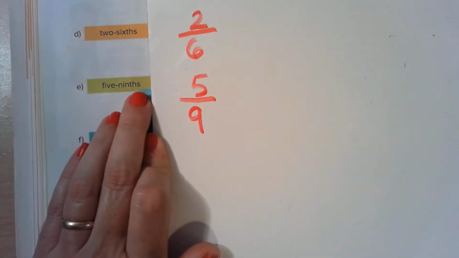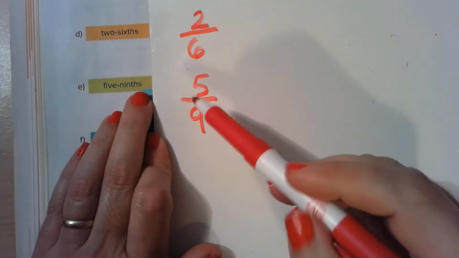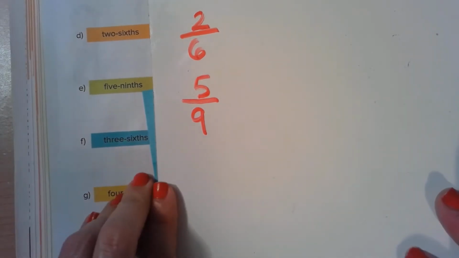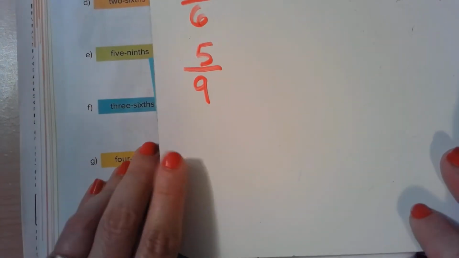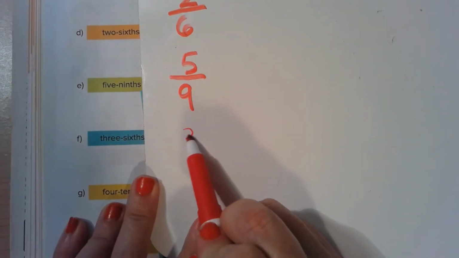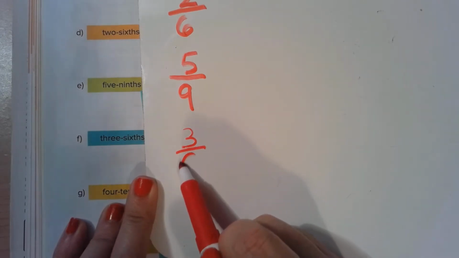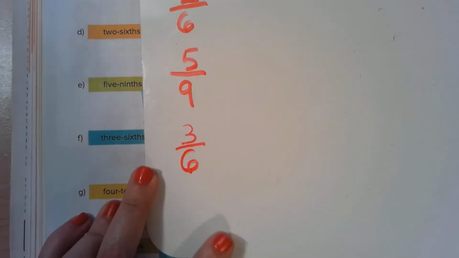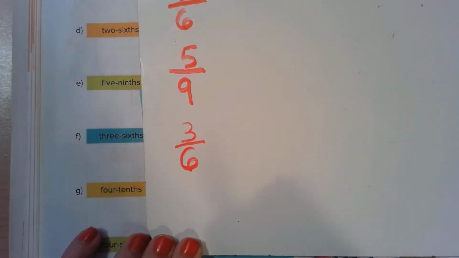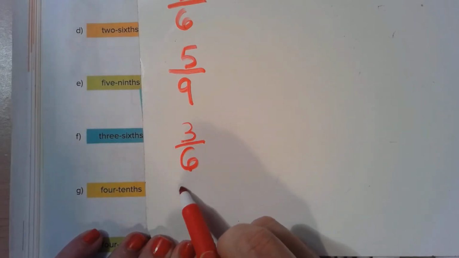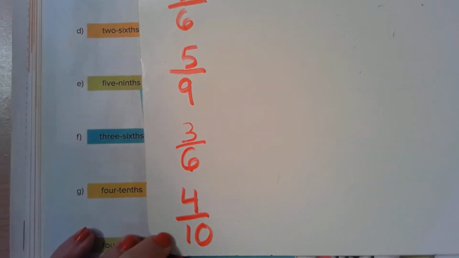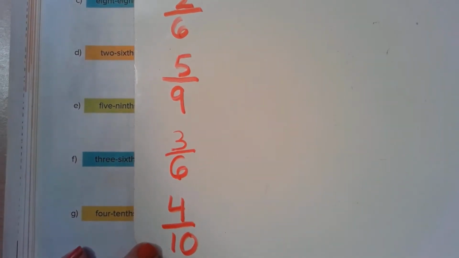That's 5 out of 9 have been shaded. F, 3/6. G, 4/10. Tenths.